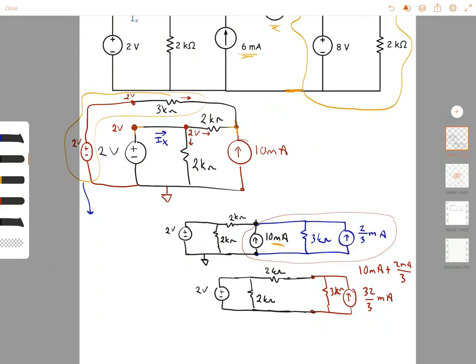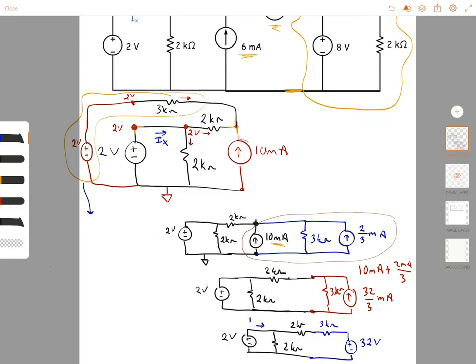Now I have a current supply and a resistor combination that I can convert back to a voltage supply and a series resistor. The series resistor value is still 3 kilo ohms, that does not change. And the voltage supply value is going to be what? 32 volts. And I still have my 2 kilo ohms, and 2 volts.